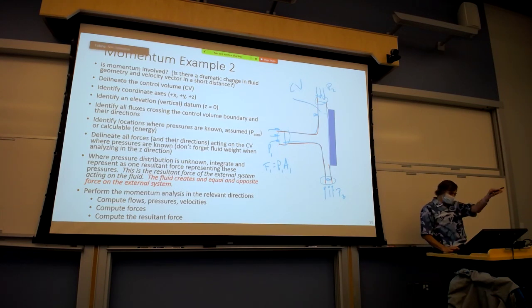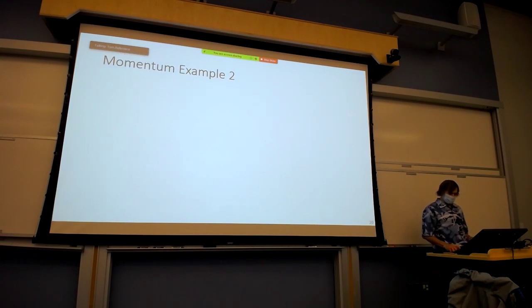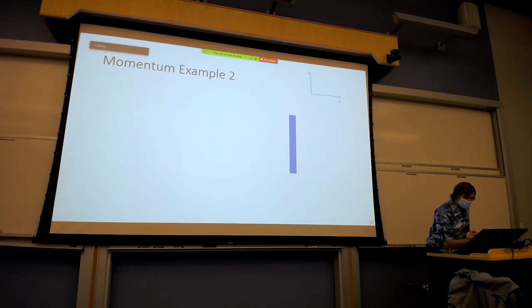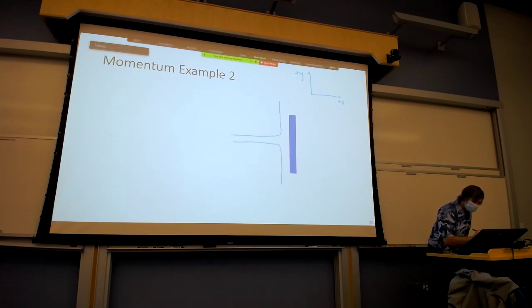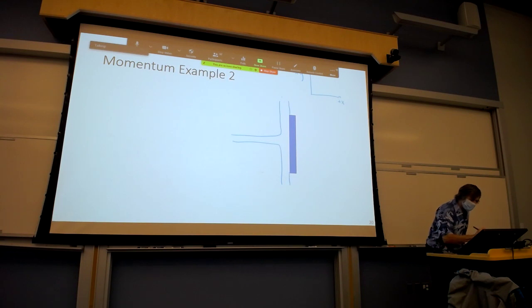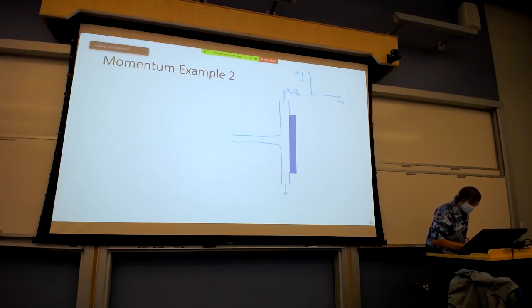So we're going to be subscribing to this table, but I want to go through it. So for this one, again, here's our coordinate axis, plus x, plus y, and we have a control volume. And we're going to have 1/2 Q0 here, 1/2 Q0 here, and Q0 here.